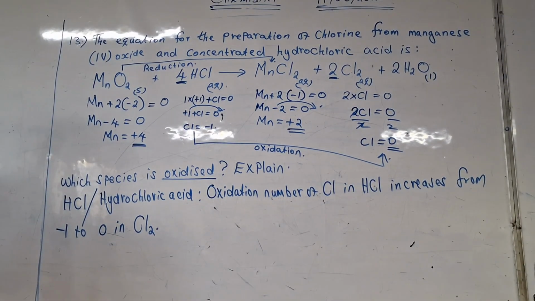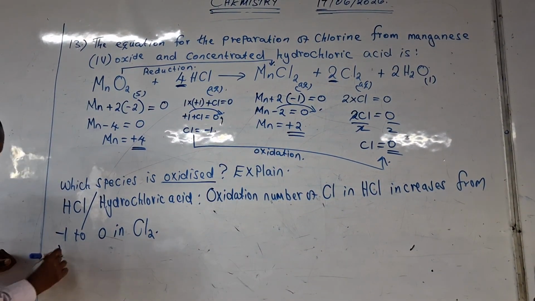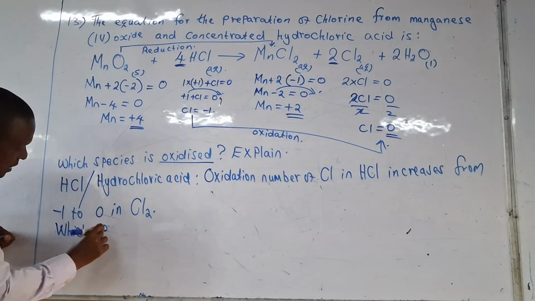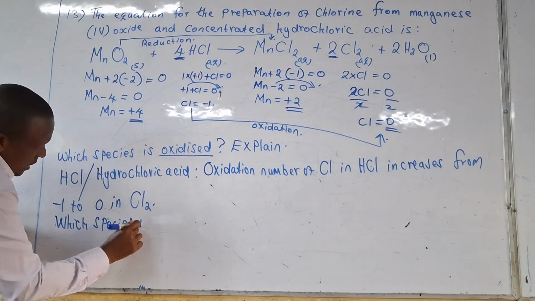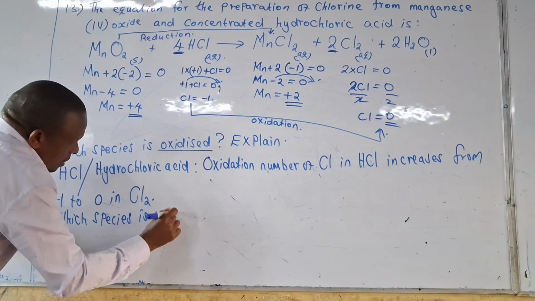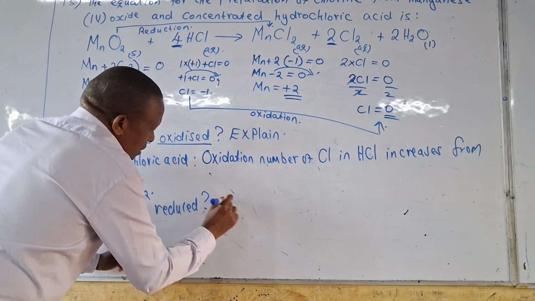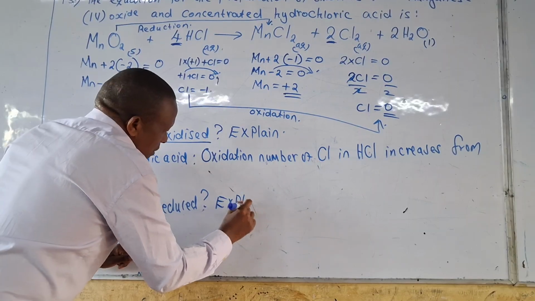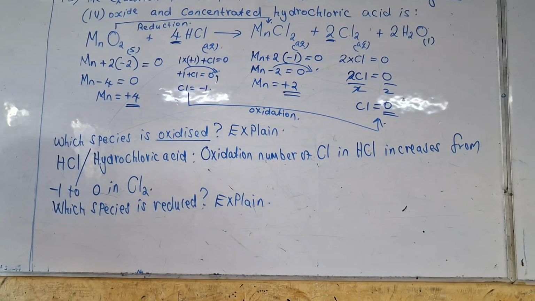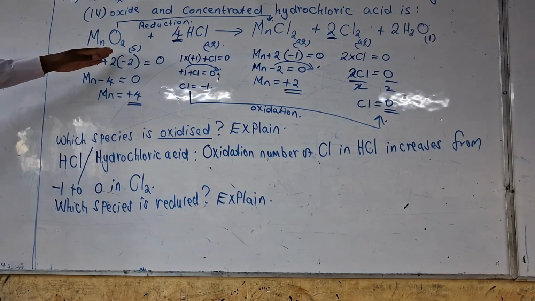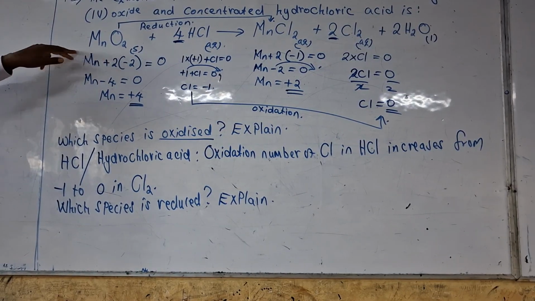Now you can be asked, which species is reduced? That's the question. And then you are told again to give an explanation. So which species is reduced? Manganese. You write the whole of this compound where manganese was contained.